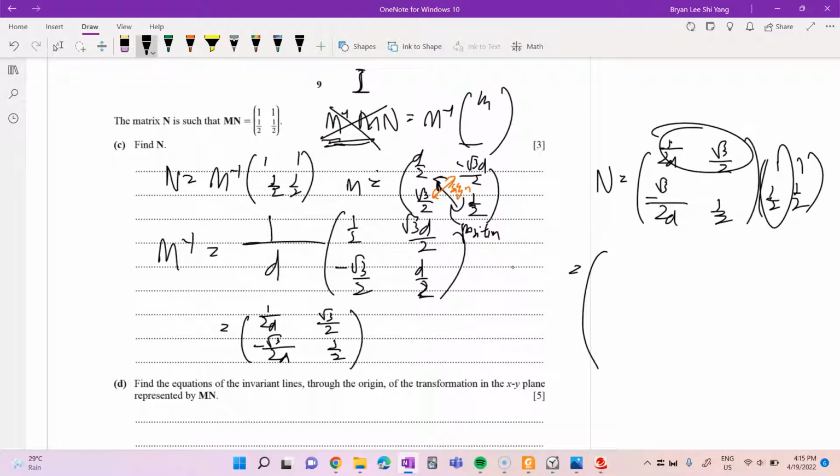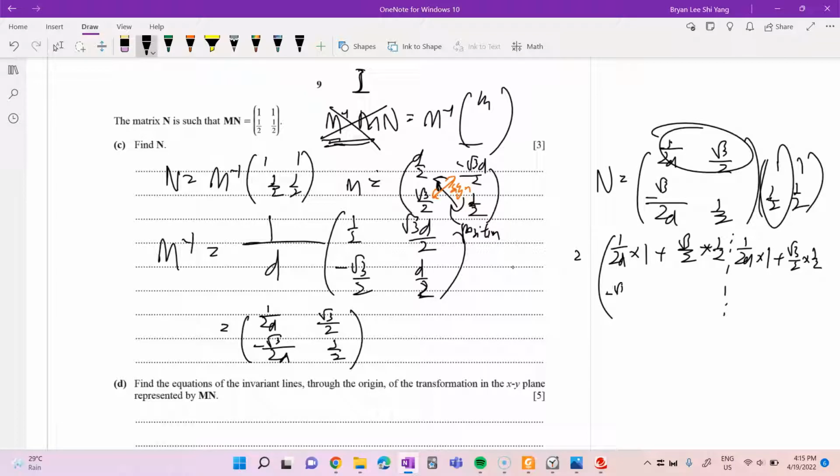Then we do matrix multiplication as always. So we would have 1 over 2d times 1 plus 3 over 2 times half, and then 1 over 2d times 1 plus 3 over 2 times half, and then negative 3 over 2d times 1 plus half times half.